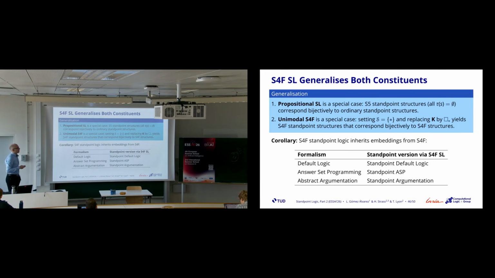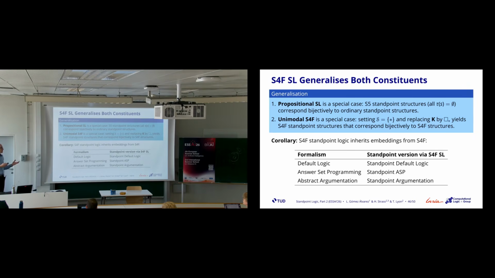Right? And what this gives us is, well, we have standpoint S4F, and since S4F can also express default logic, for example, we now have successfully standpointified, if you will, default logic, but we have also obtained standpoint versions of answer set programming and of abstract argumentation, simply because we have dealt with this more general logic S4F.